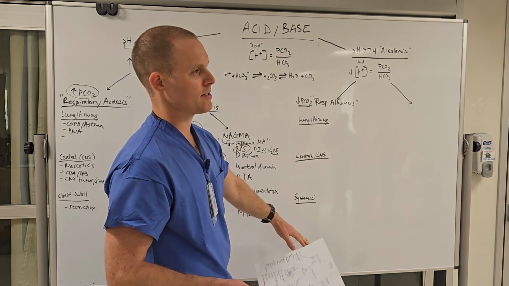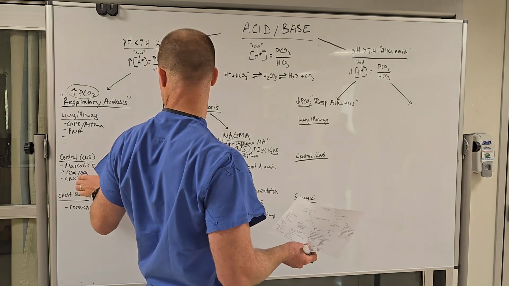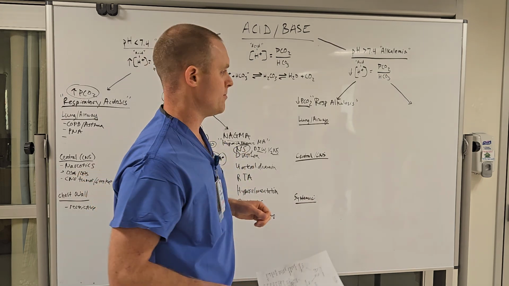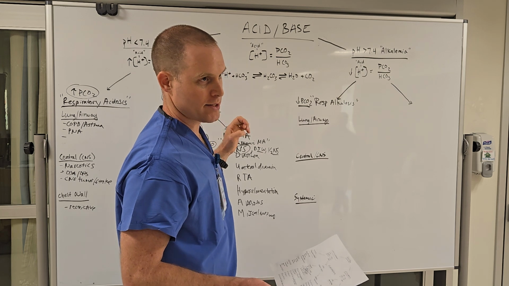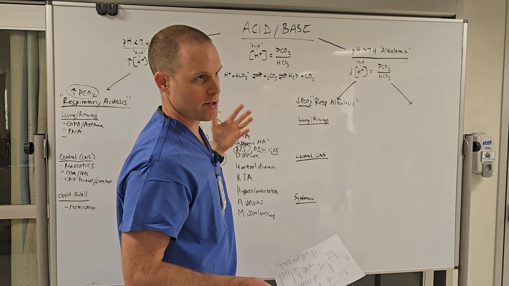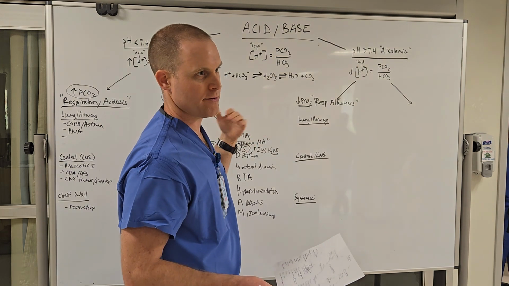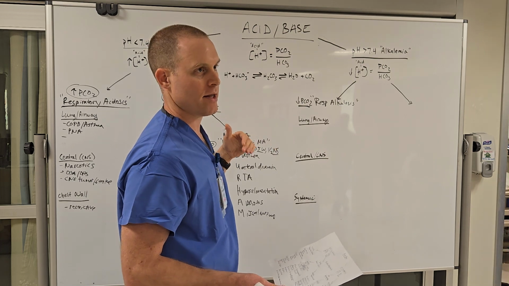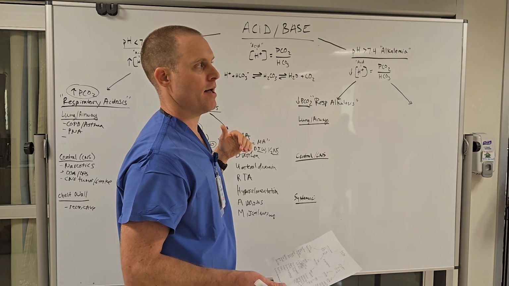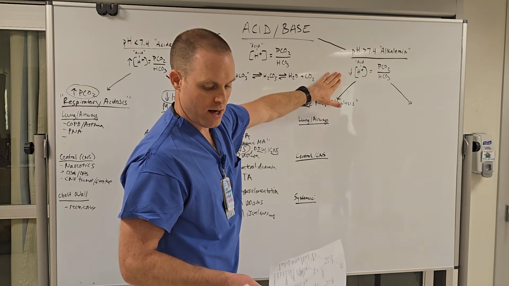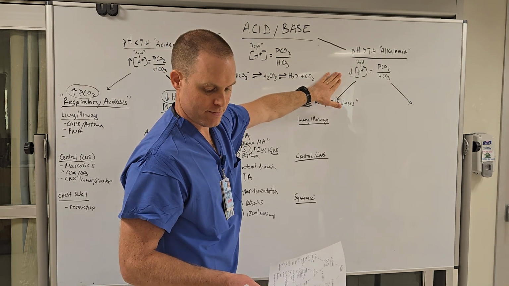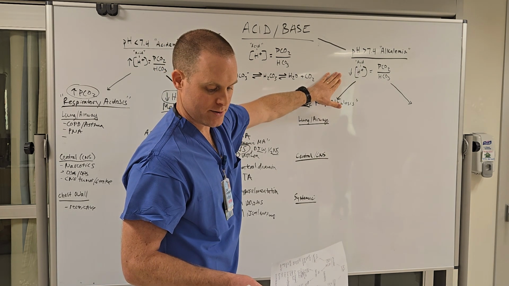There are other CNS things, same things that apply here, not OSA, OHS, but CNS: stroke, tumor. Pregnancy, basically increased progesterone drives people to hyperventilate, and pregnant women should be alkalotic and have a respiratory alkalosis.